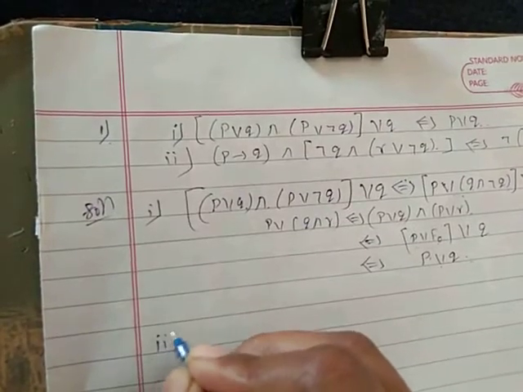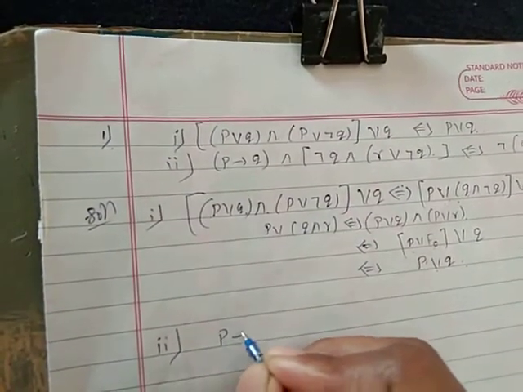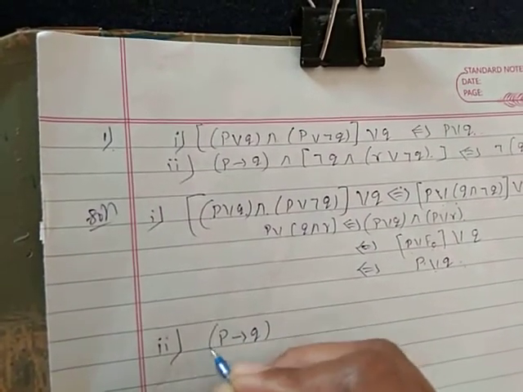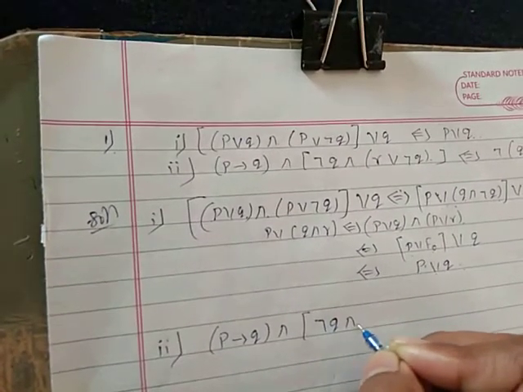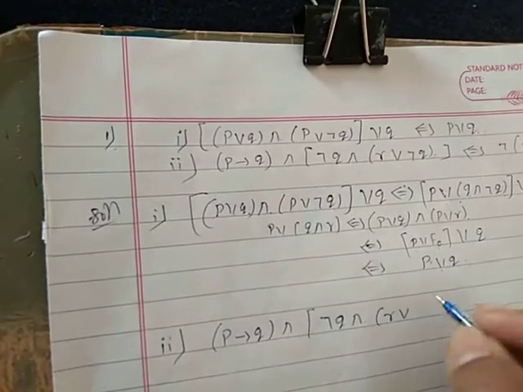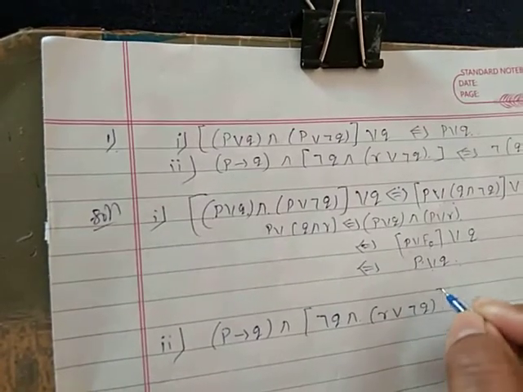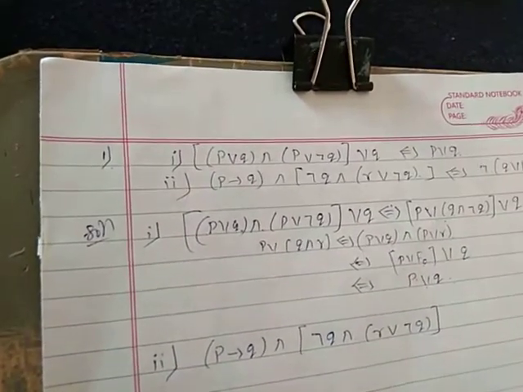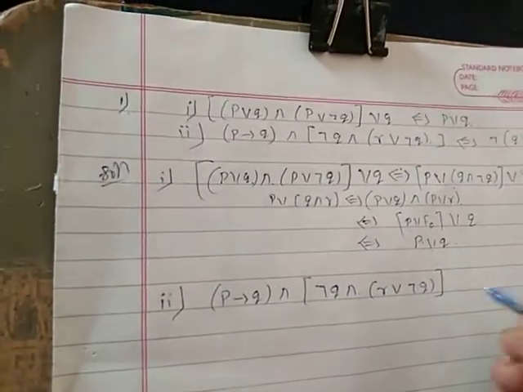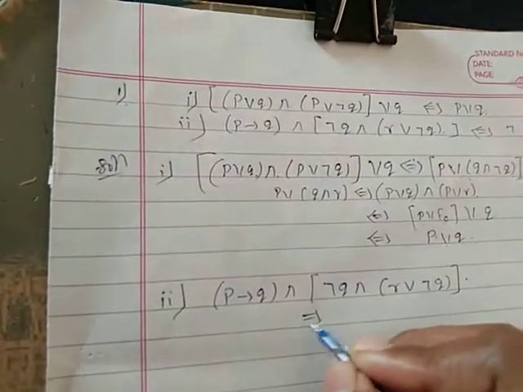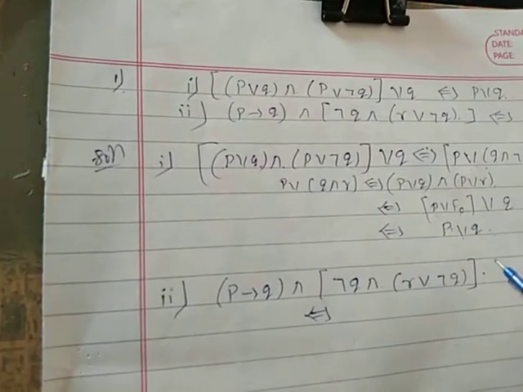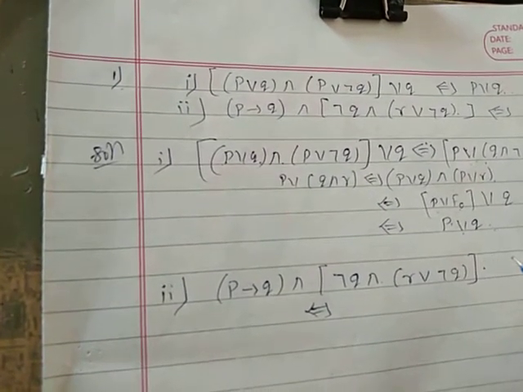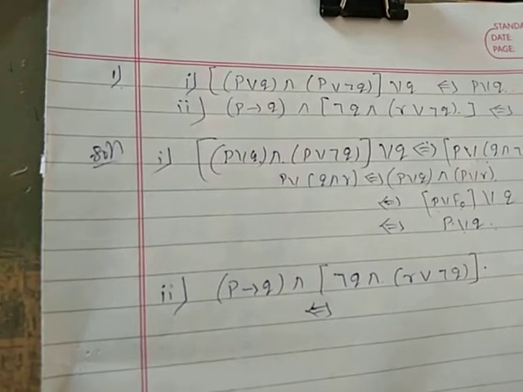Second one, (P implies Q) and negation of Q and (R or negation of Q). First I am going to take (P implies Q) and negation of P and (R or negation of Q).